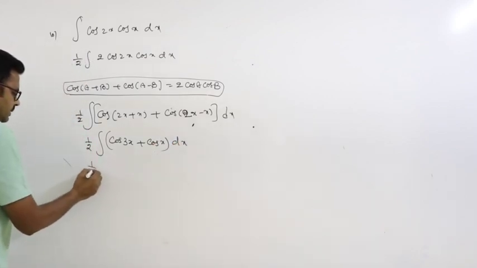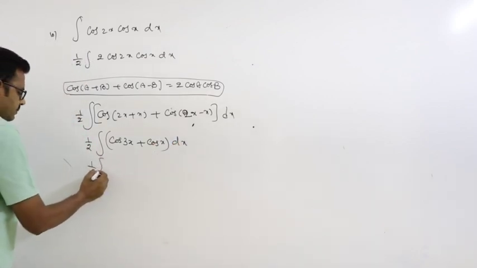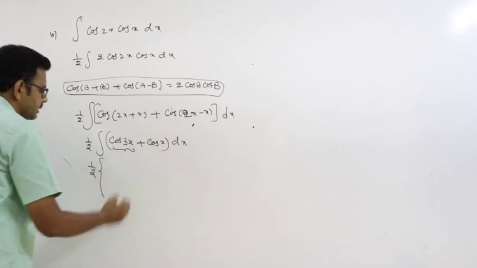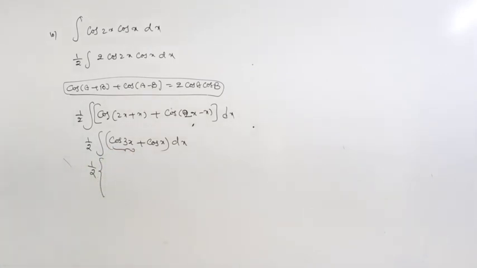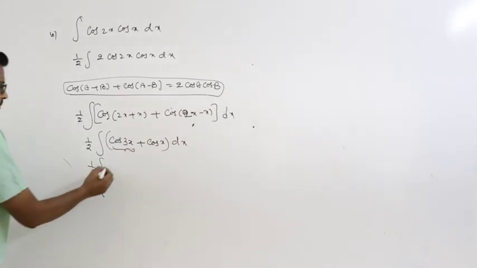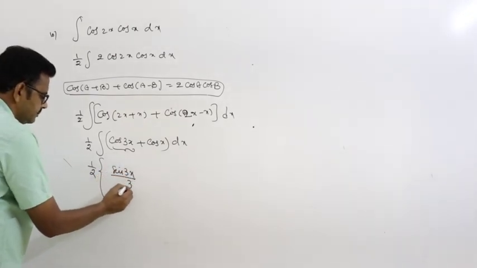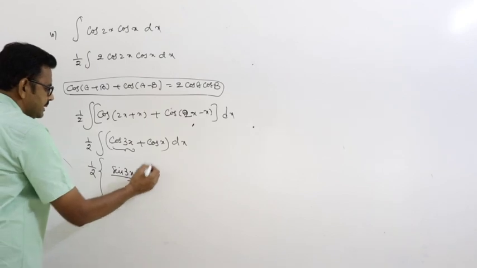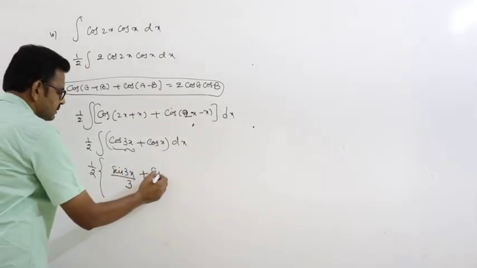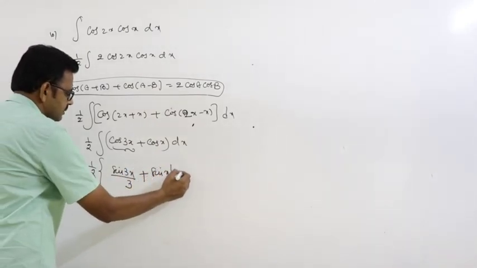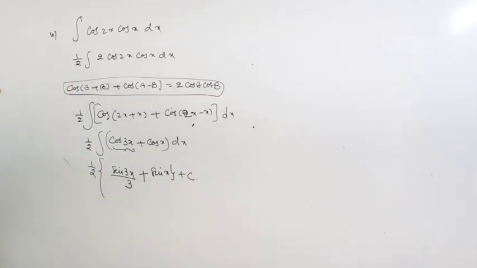So 1 by 2 integral of cos 3x. Integral of cos x is sin x. So this is sin 3x by 3 plus integral of cos x is sin x plus c.